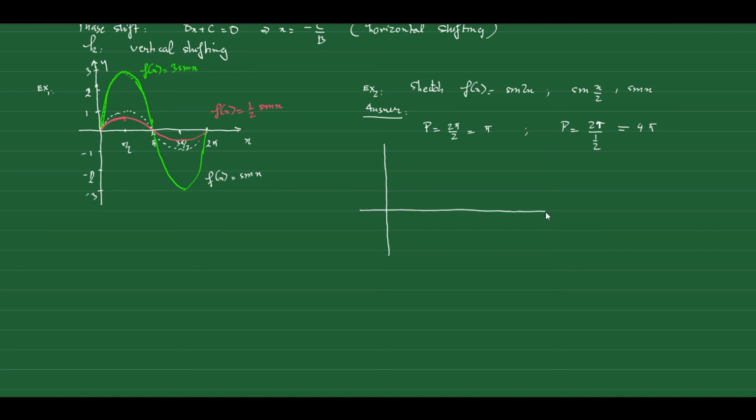Let me sketch the parent one first. So the parent one is 2 pi. So pi here, pi over 2 here, and 3 pi over 2. I'm gonna use the y color for this.